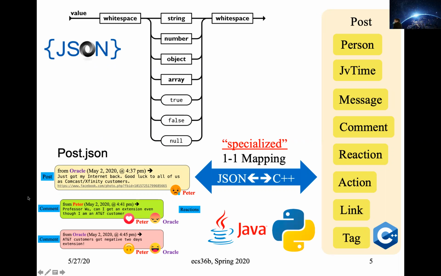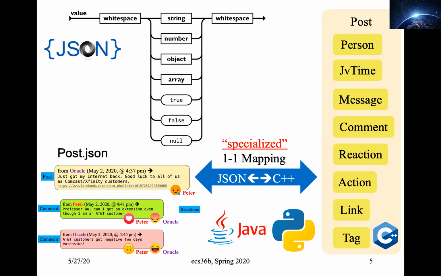Okay, so we have been working on this mapping between the JSON world and C++ world for a while, both in class and also in your homework, especially homework assignment number 5.